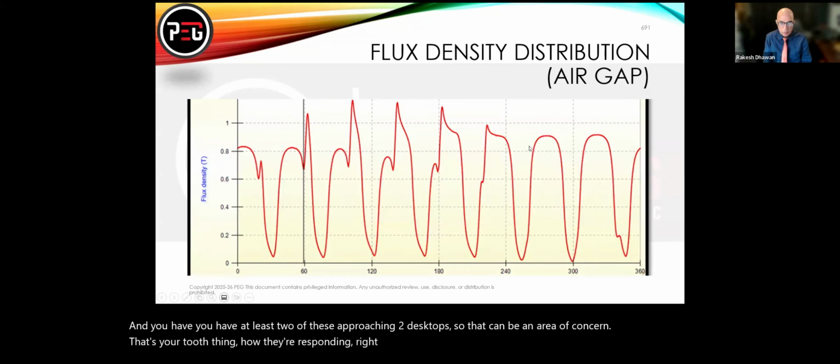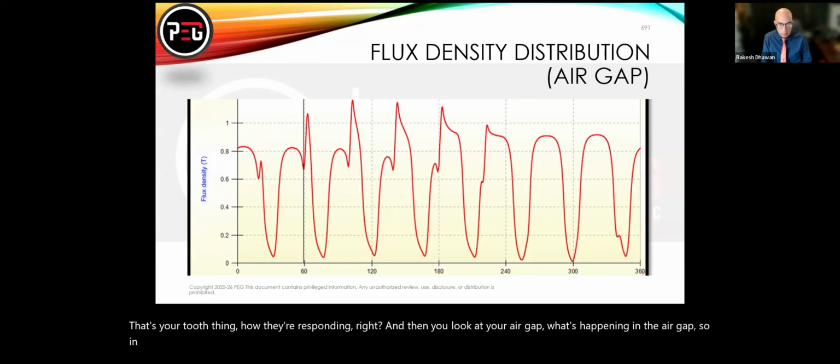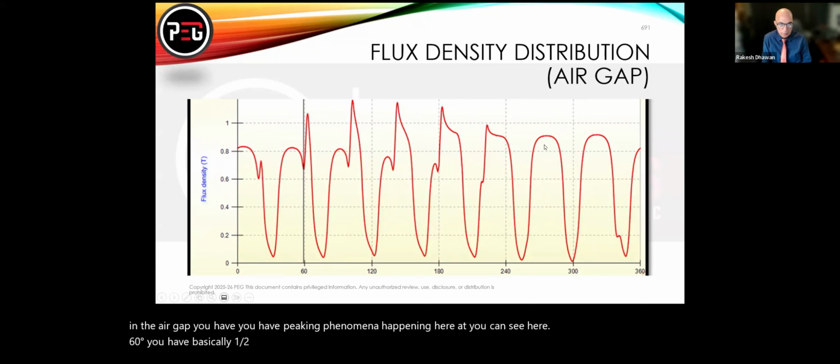And then you look at what's happening in the air gap. In the air gap, you have peaking phenomena happening here. You can see here at 60 degrees, you have basically 1, 2, 3, 4, 5, 6, 7, 8.